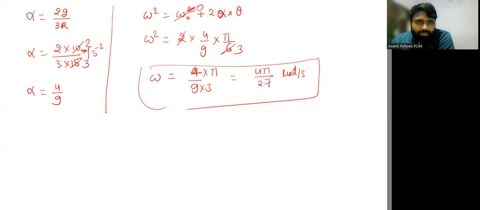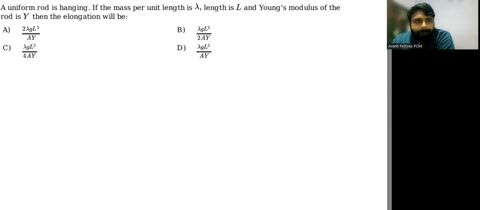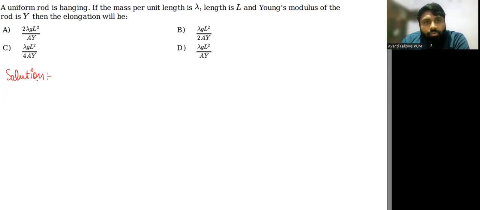Now, a uniform rod is hanging. If the mass per unit length is lambda, length is capital L, and Young's modulus of the rod is Y, then the elongation will be. Very good question. From the mechanical properties of solids, it can also be described as the elongation in a rod due to self-weight.